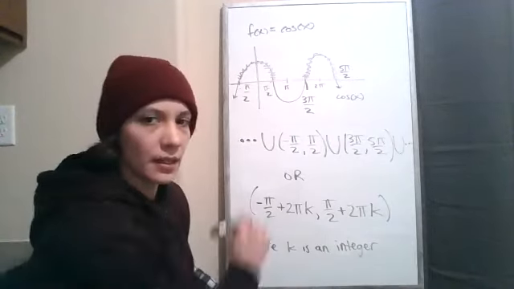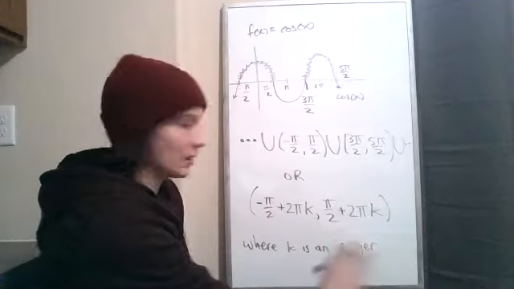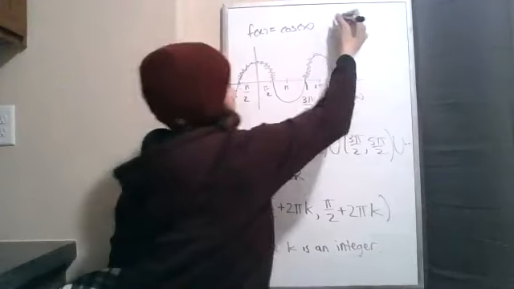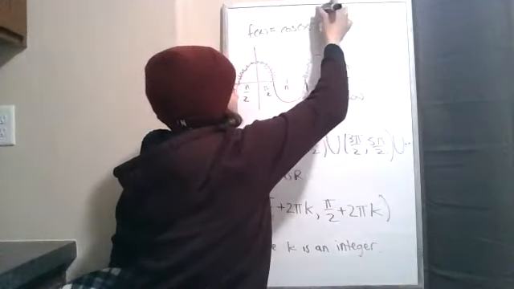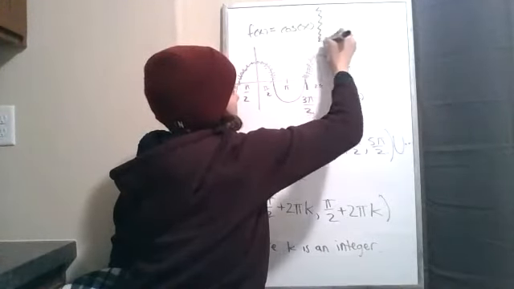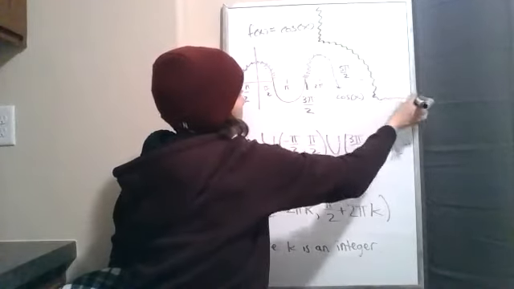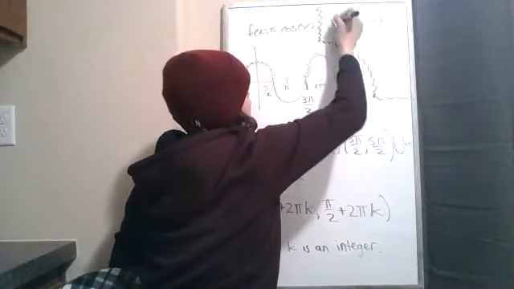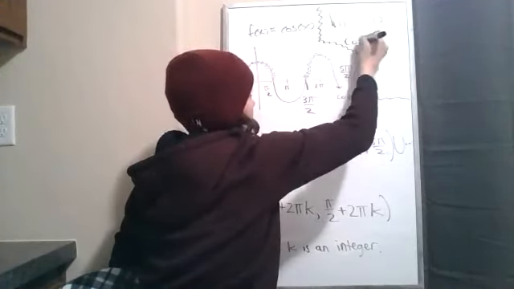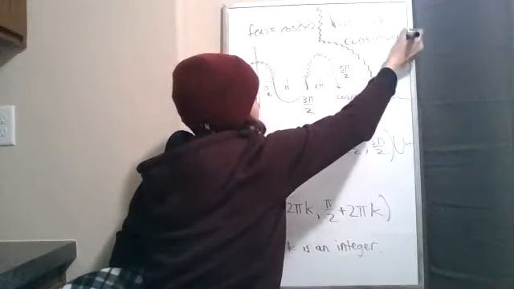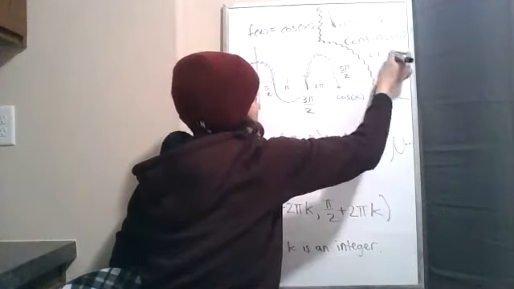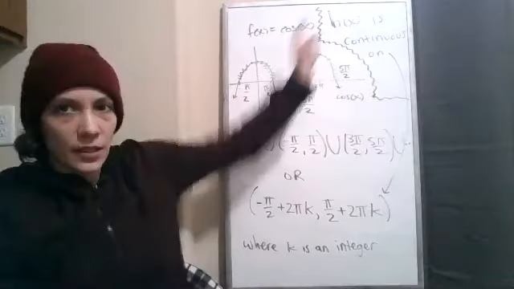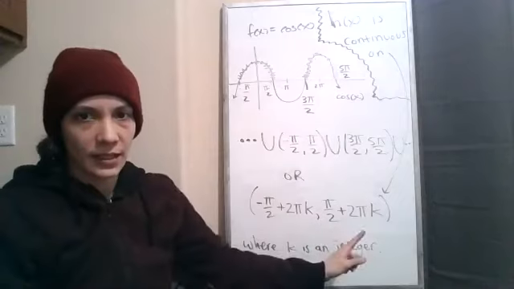So let's put it here. Okay, so h of x is continuous on this set.